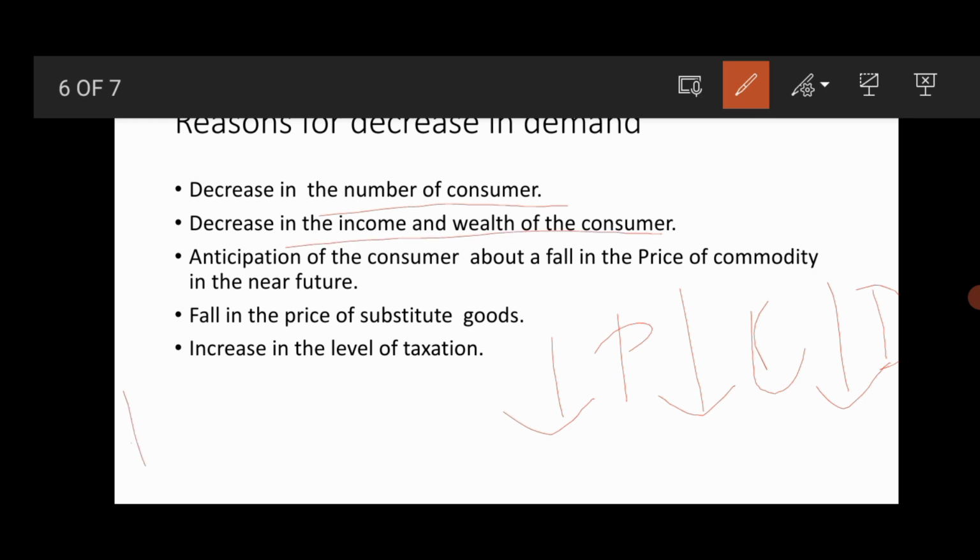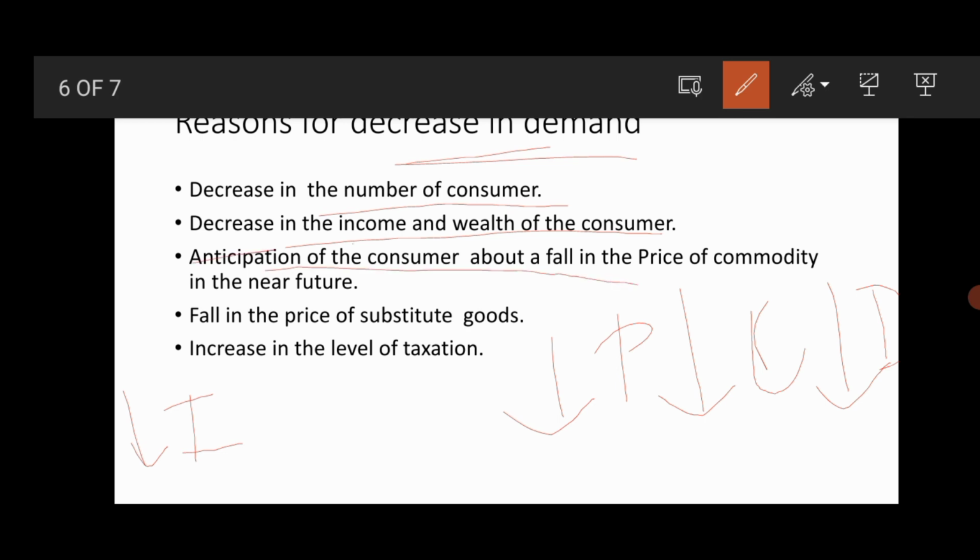When the income of the consumer is less, they can't spend more on commodities. As there is only limited income, he can't spend a very high amount on particular commodities. So this is the reason for decrease in demand.